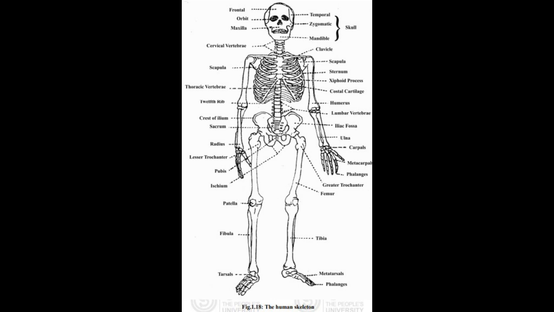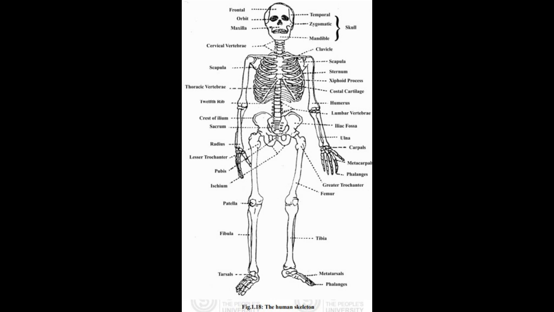2. Appendicular skeleton. The appendicular skeleton mainly facilitates movement. The appendicular skeleton includes bones that make up the upper and lower limbs as well as bones called girdles, pectoral (shoulder) girdle and pelvic (hip) girdles, to which the limbs are attached.